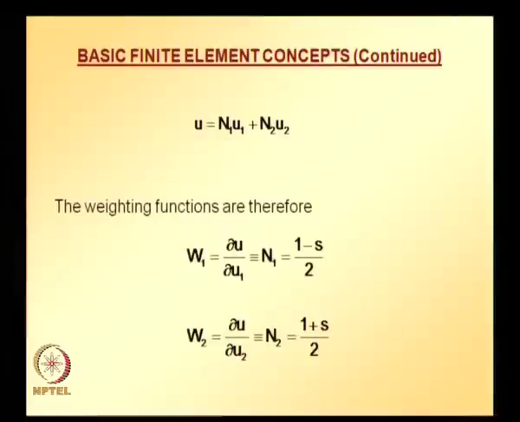Now the coefficients a0, a1 are replaced with u1, u2. So, the weight functions now become the partial derivative of u with respect to the nodal coefficients u1, u2. So, the weight function becomes the same as the shape functions. These are the two weighting functions for a 2 node element.